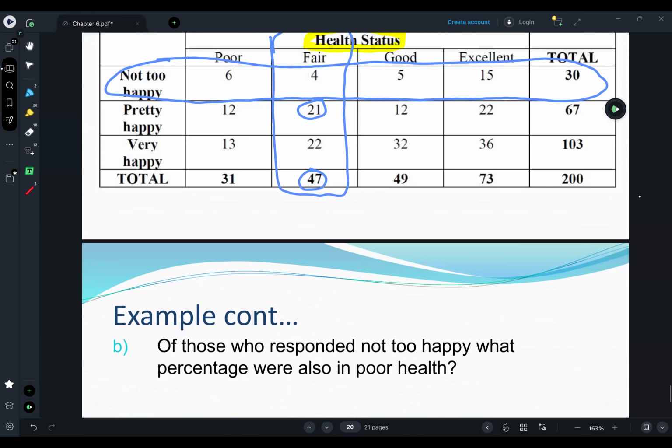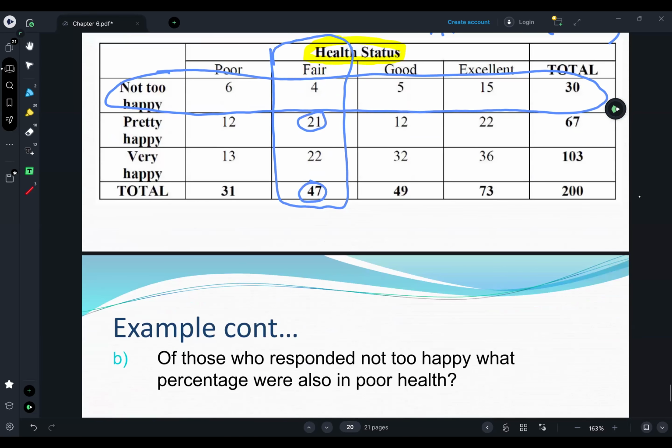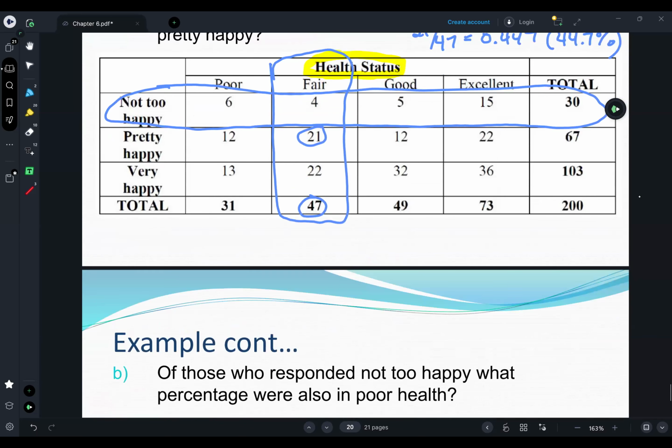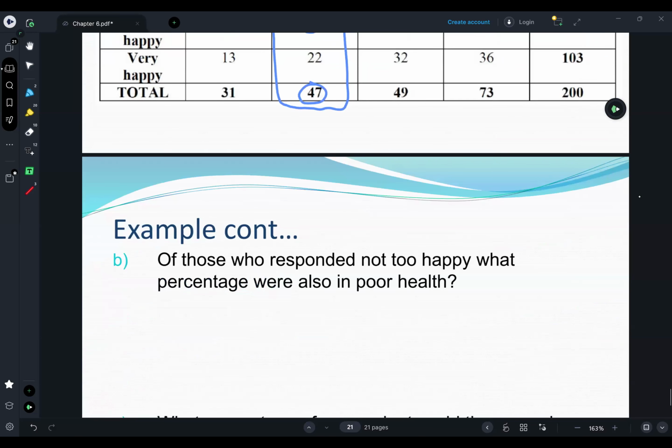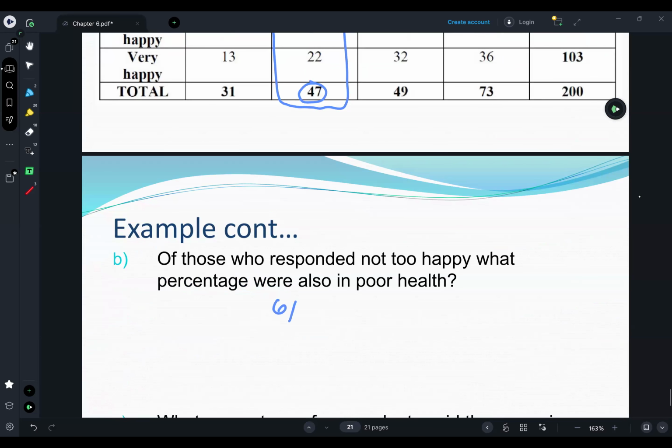What would I put in the numerator? 6, yes. Denominator 30, exactly. This is what we want, and we get 0.20 or 20%.